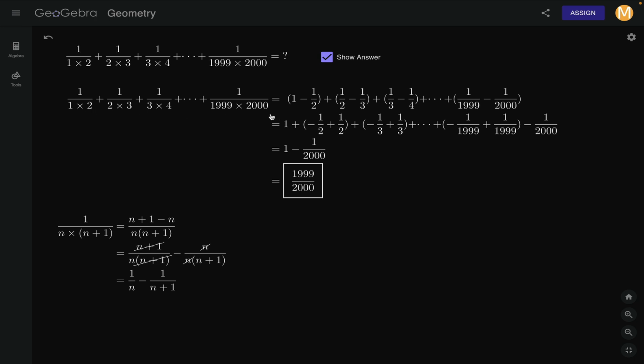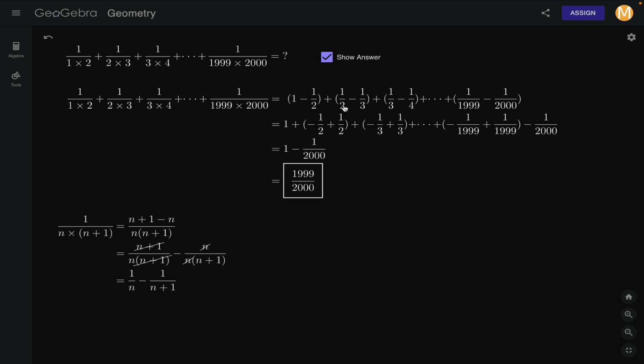For the first term will be 1 minus 1 over 2, which will be 1 minus 1 over 2 plus 1 over 2 minus 1 over 3 plus 1 over 3 minus 1 over 4, and so on. And the last will be 1 over 1999 minus 1 over 2000.